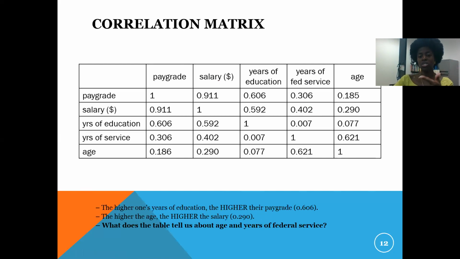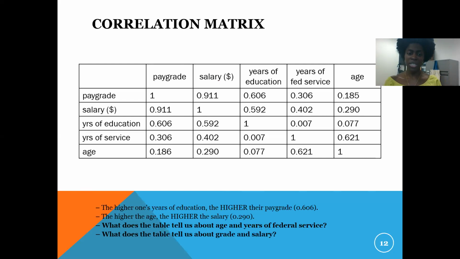So we're going to say this is a strong relationship. But guess what? We're not going to stop there because we know that there's a better way of saying this. So as one gets older, the older you get, right, the higher your years of federal service, okay? The higher your age, the higher your years of federal service.